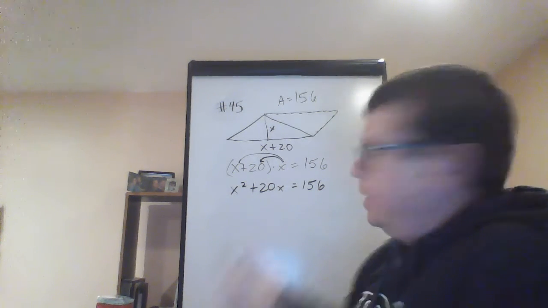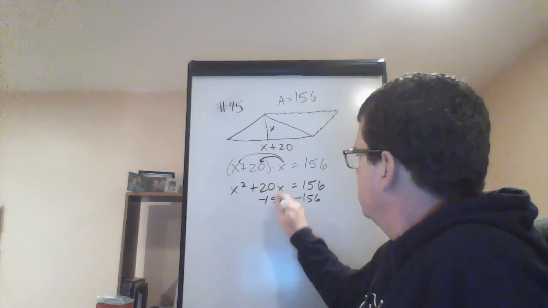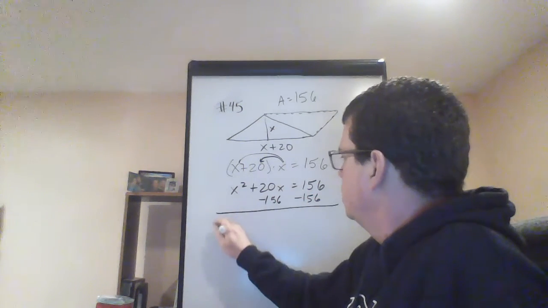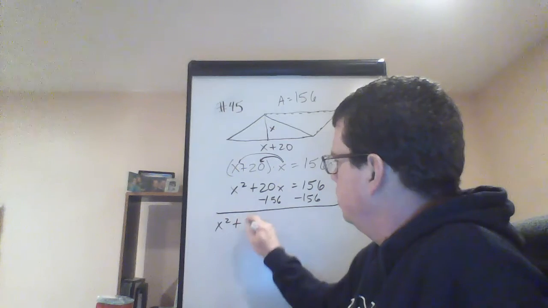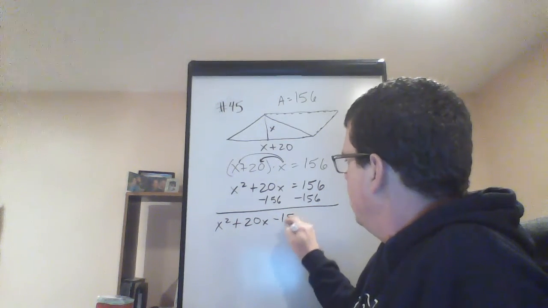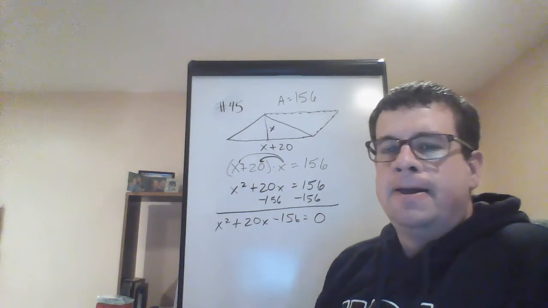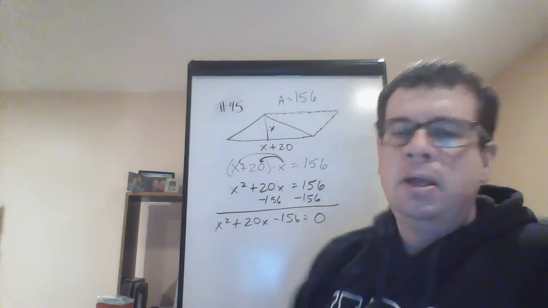The next step is I want to get it equal to 0, so I subtract 156 from both sides. No like terms, so I end up with x squared plus 20x minus 156 equals 0.